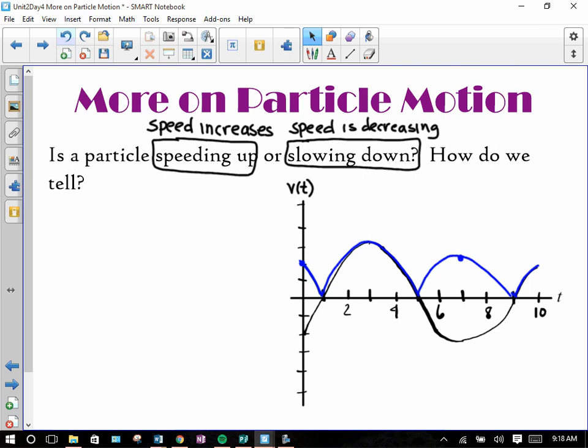All right. So we said that we want to figure out when this particle's speed is increasing, and when it is decreasing. So what we want to look at is this. Let's just say you want to look at t equals 6.